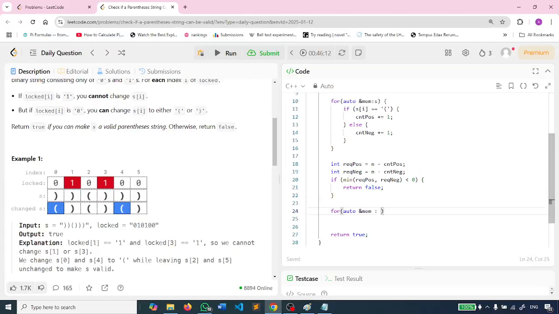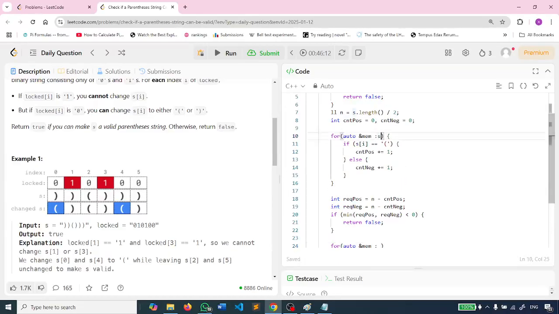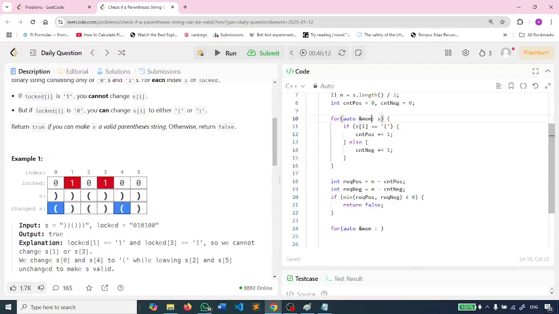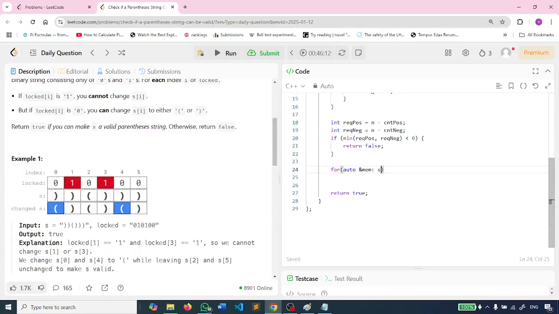I think this is better. I forgot how I code this auto ampersand thing. Or maybe I code it like this. Whatever, let's just go like this. Okay, auto ampersand yes.